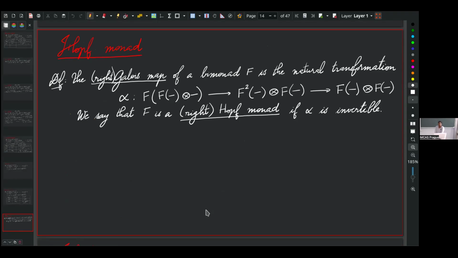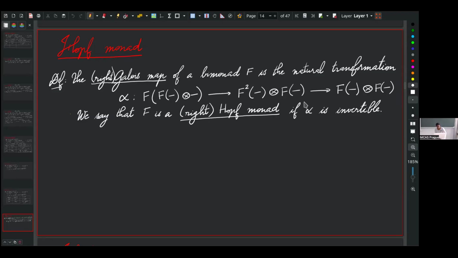For a bimonad, we still need to define when it is considered Hopf. Whenever we have a bimonad, we have the following natural transformation, which is called the Galois map. This is the right Galois map, where here I use the comonoidal structure, and next I use the monad structure.